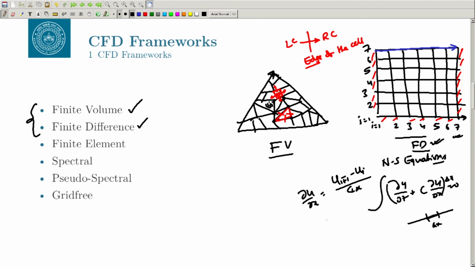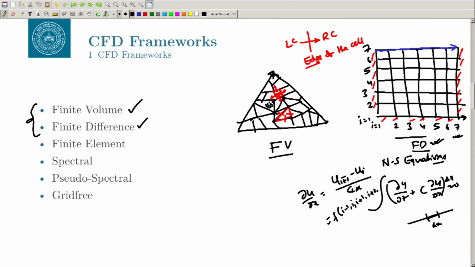But if you involve I minus 1, I plus 1, I plus 2 and so forth, and you can have I minus 2 also here, then if you use more points to calculate the gradient, the accuracy will be better. So, in finite difference you can use high order schemes, because you have the stencil information and you can increase the size of the stencil and approximate your gradients better.